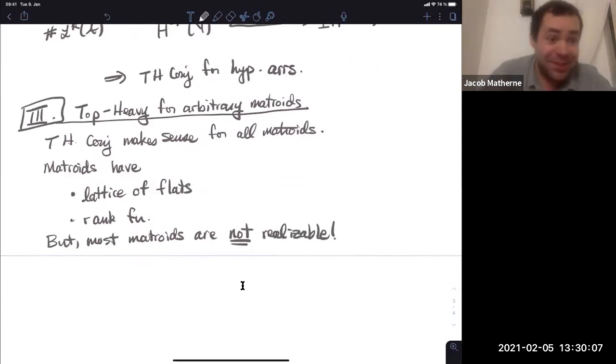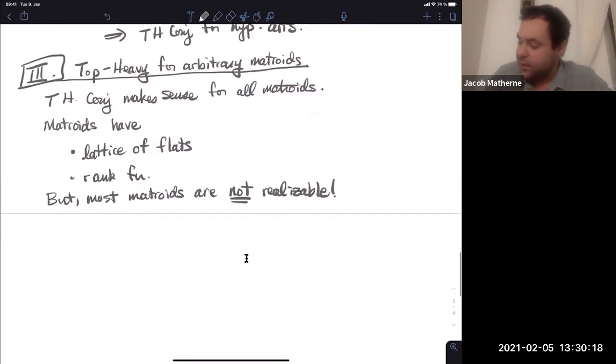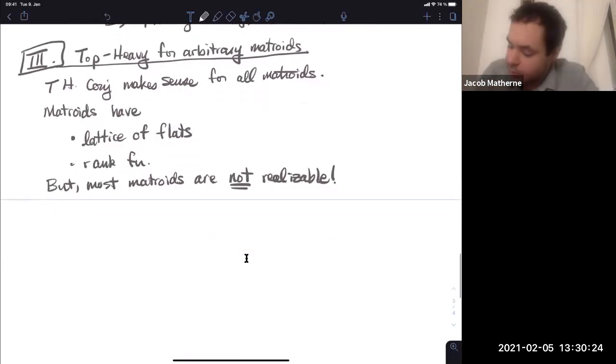It axiomatizes all kinds of other things too, like graphs and linear independence in vector spaces and so on. So even the definition comes from this, but there's a big gap between the realizable ones and all of them. Let me make this precise.